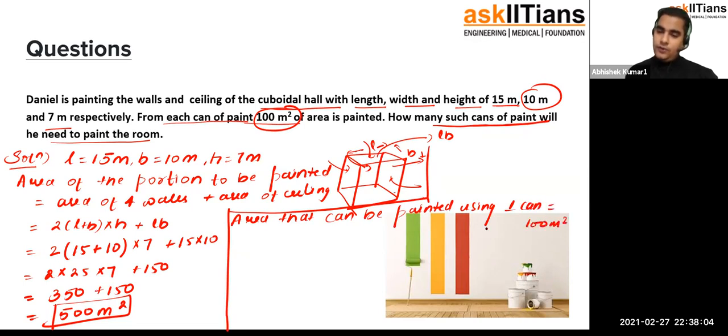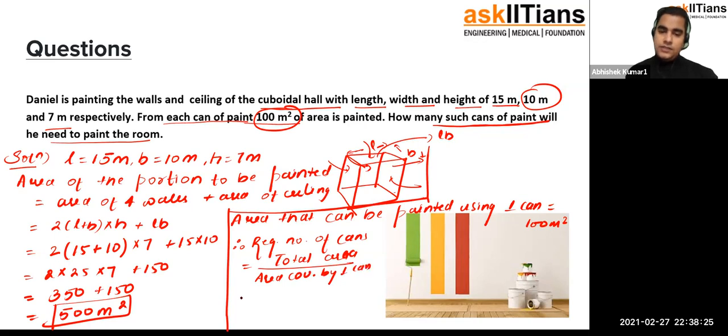Therefore, the required number of cans will be equal to the total area divided by the area covered by one can.